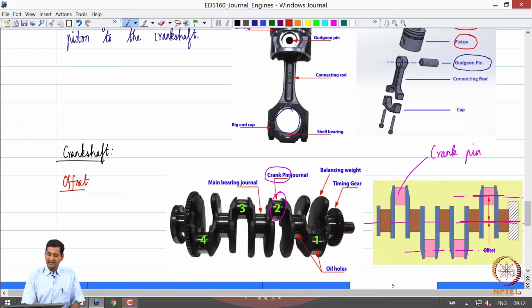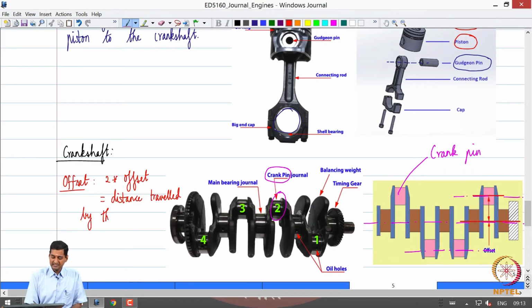It is the distance between the axis of this crank pin and the central axis of the crankshaft. And twice the crankshaft offset is going to be equal to the distance travelled by the piston in one stroke.